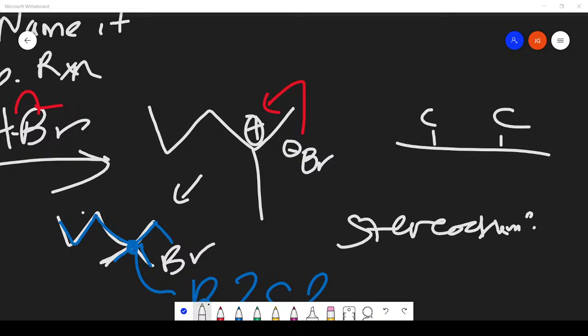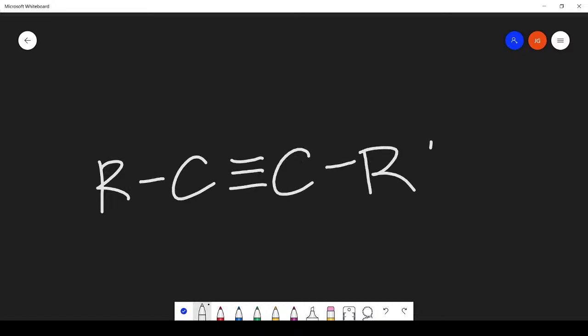Okay, so acetylide is. Let me clear the board, I guess. So acetylide is this thing, or rather, let's use R because it can be any group. R, H, R prime to show that you can have two different R's. But an alkynide, what's the difference?